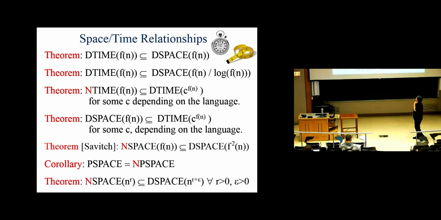Now for particular polynomial space of particular exponents, it turns out that non-deterministic polynomial space n to the r is contained in the deterministic polynomial space n to the r plus epsilon for all exponents r and however small epsilon you'd like. This is not obvious either.